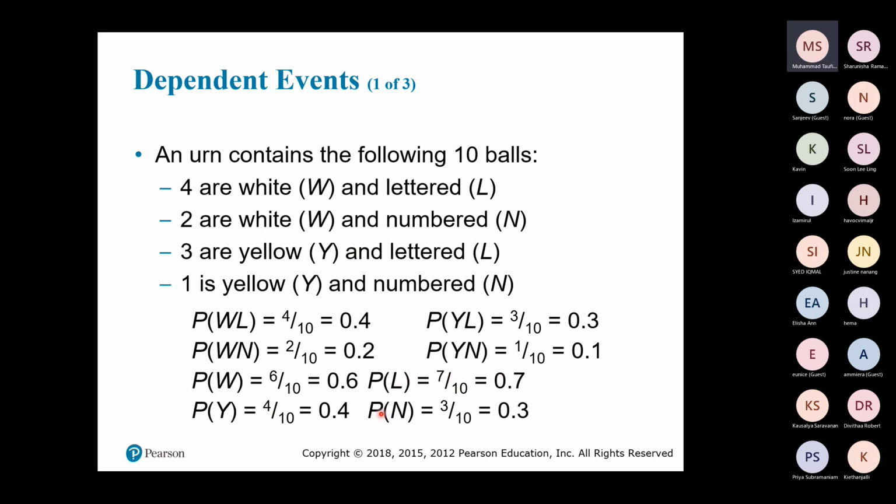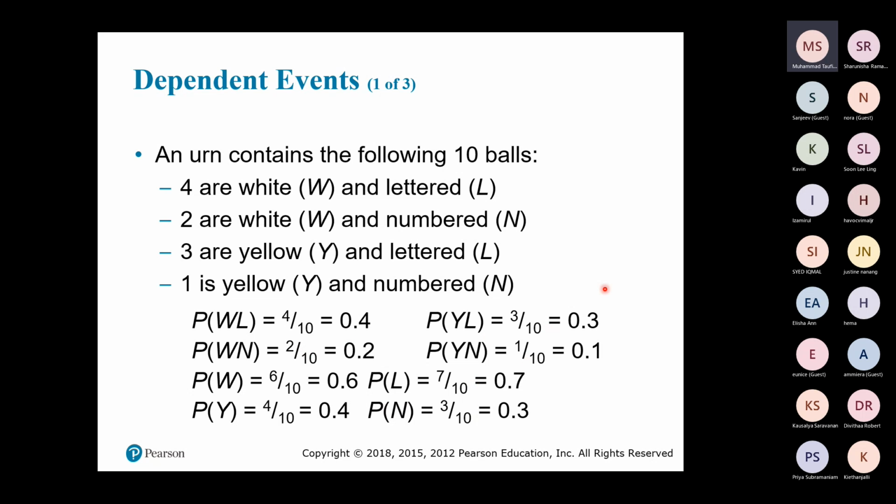And the probability of getting a ball with a number: 2 white with number and 1 yellow with number, so 2 plus 1 is 3 balls, 3 out of 10, or 0.3. These are the basic calculations.